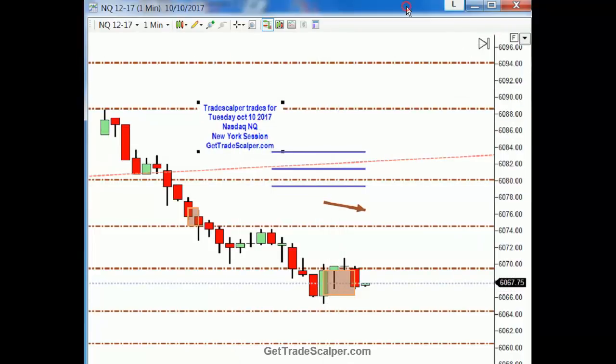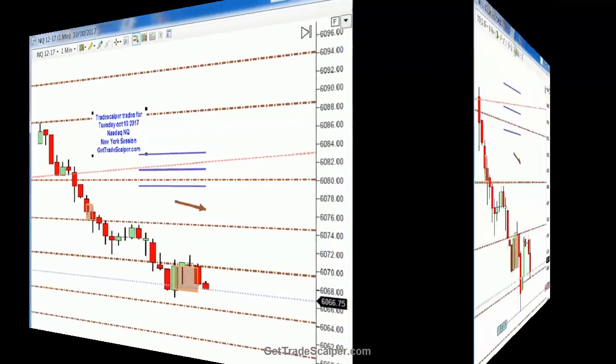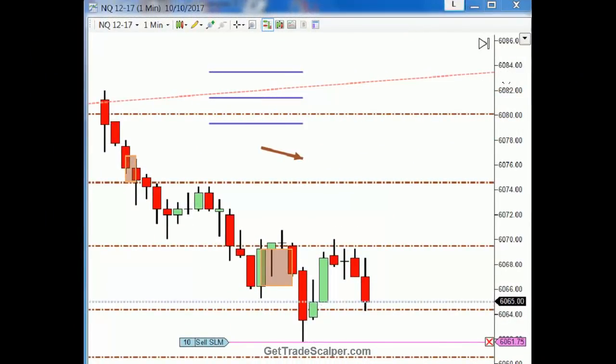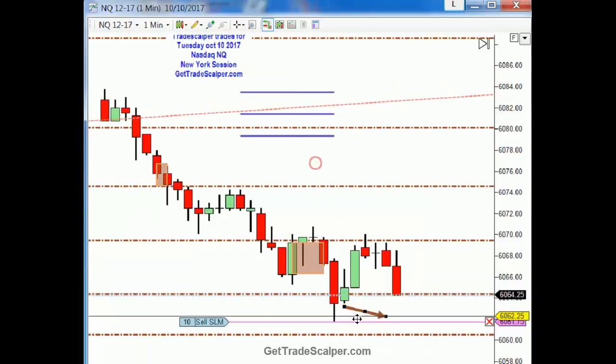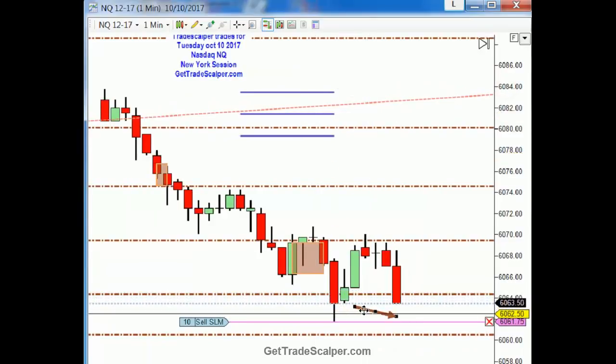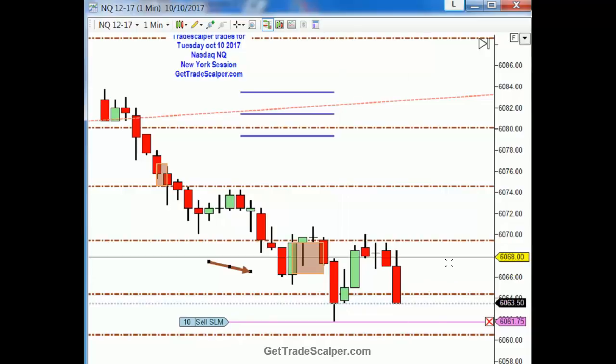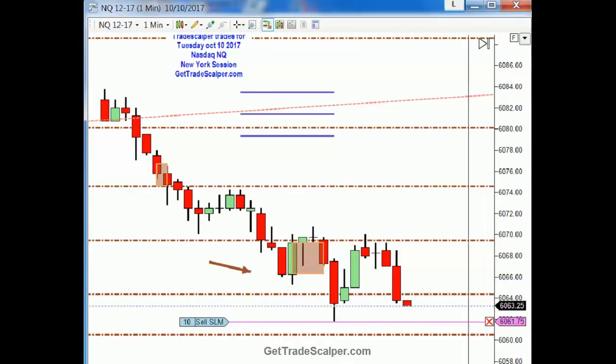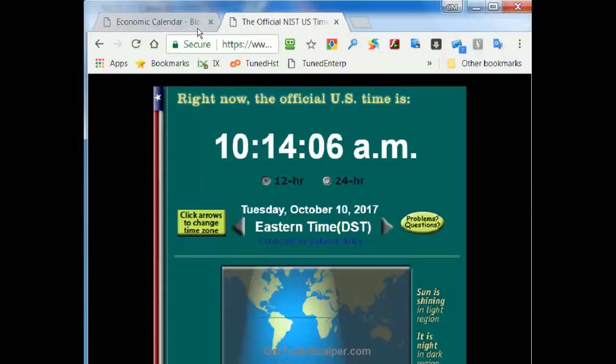So we'll watch and see what we can get here. Alright, so it looks like we may have something else forming up to the downside. And let's see if we can get that trade there. That is 1014. So we can see there.